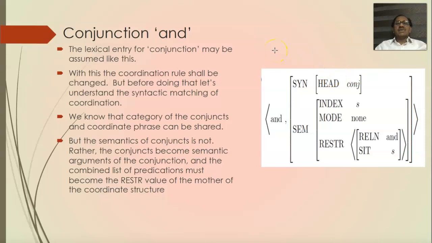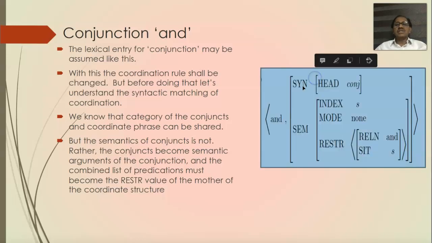Now let's look at the conjunction and closely. As a conjunction, we'll have conjuncts as arguments. So what is its lexical entry? Its lexical entry will have such a structure, and is a word which has syn structure as follows.